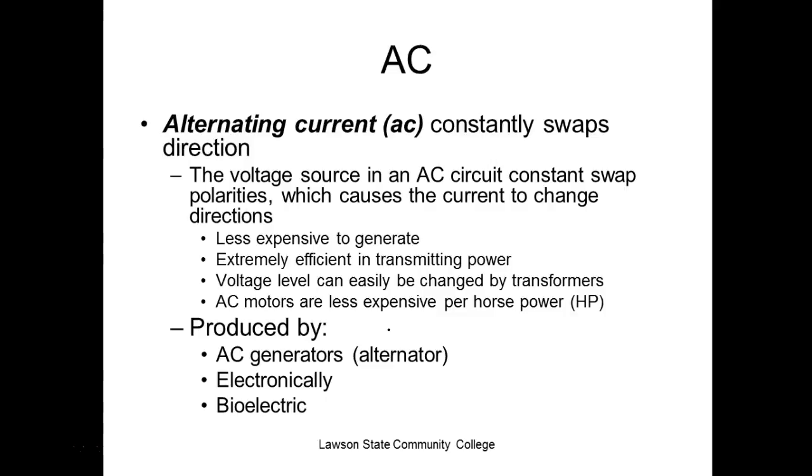And AC motors are a lot less expensive for horsepower than DC motors. These are created by AC generators. So DC exists in nature, right? Understand? So DC was discovered. AC was invented. Who invented AC?